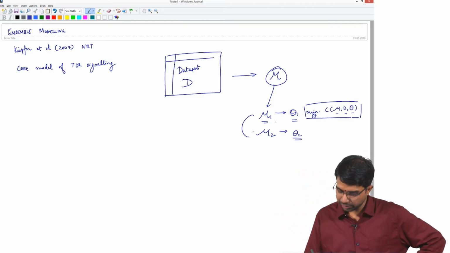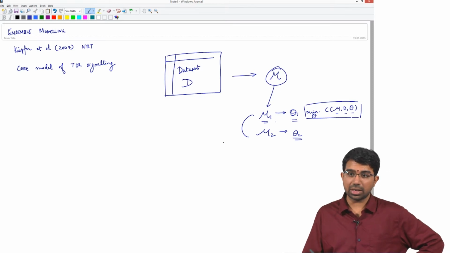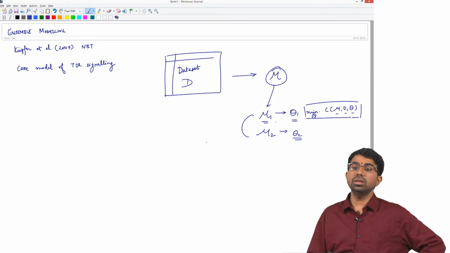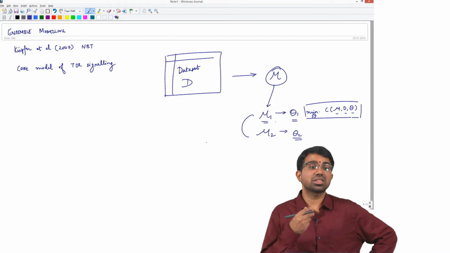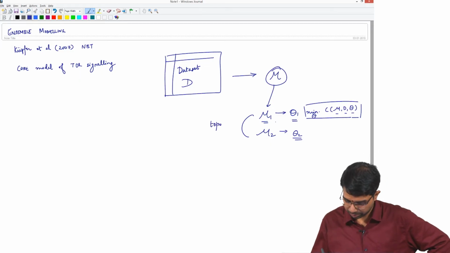So, what is the difference between these two models? It is not just in the parameters, because then I would call it the same model, but in fact in the model structure itself, or what we would call the topology.